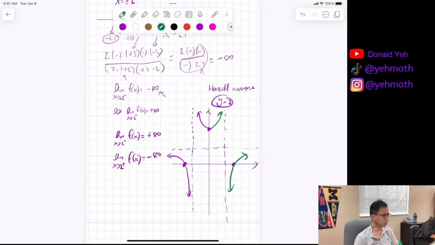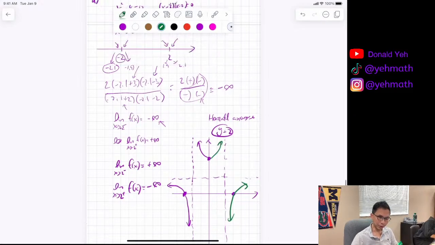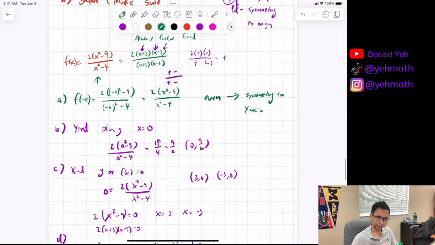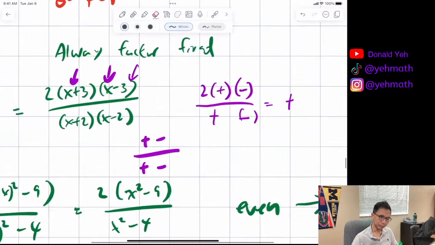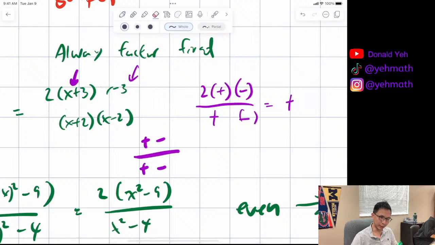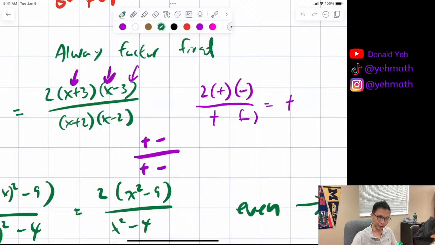Is it hard? Probably just all the information combined together is hard, but yes. How do you know there's no holes? Good question. Do you see any factor that you can cancel? Does anything cancel out here?